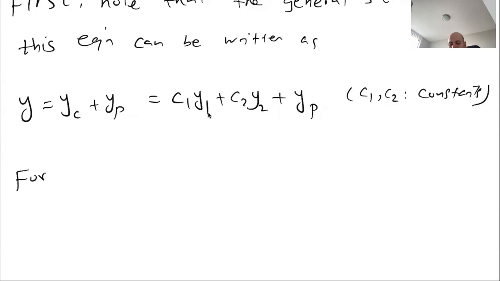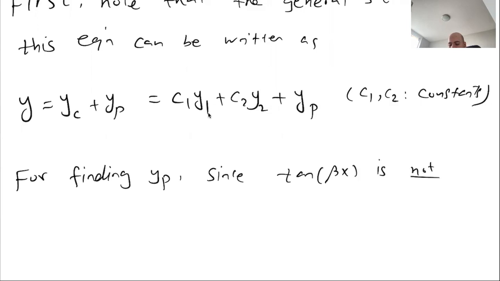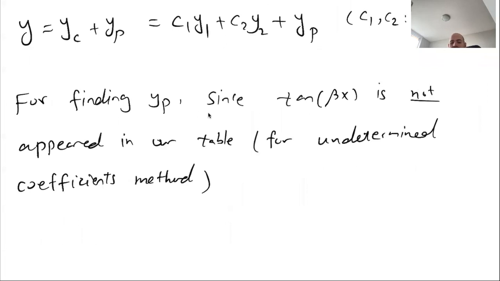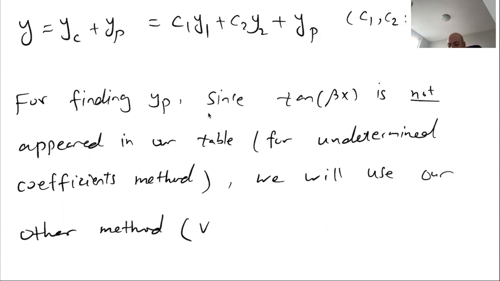And for yp, since tan 3x, or tan beta x, does not appear in our table for the undetermined coefficients method, we will use our other method, which is called variation of parameters.